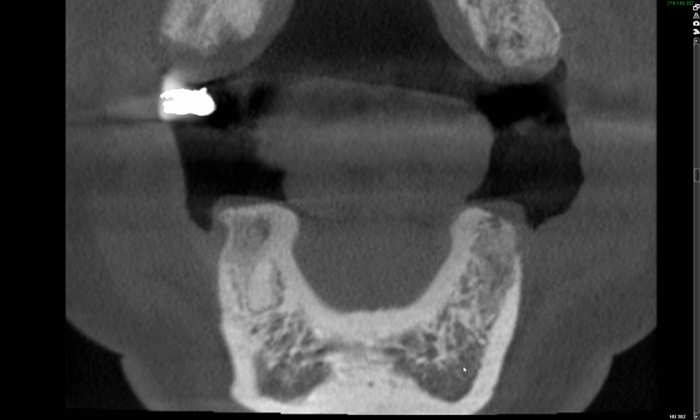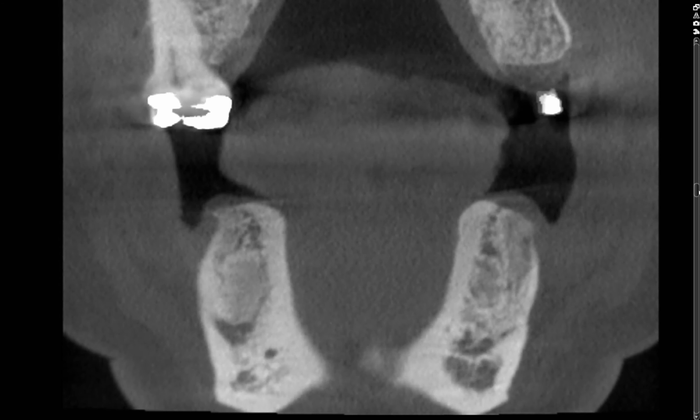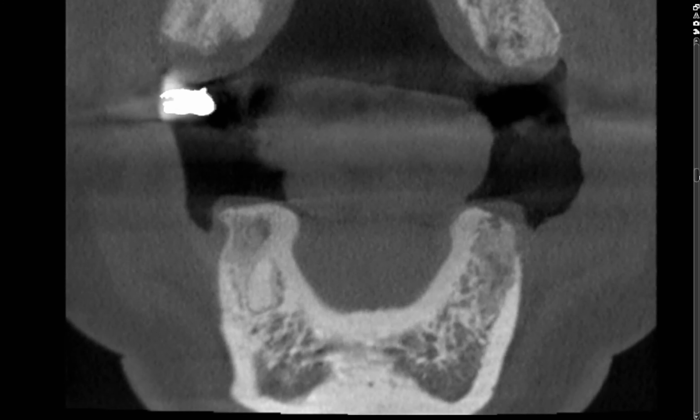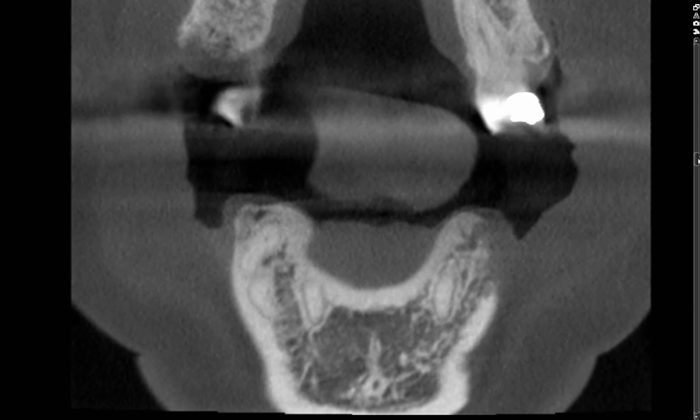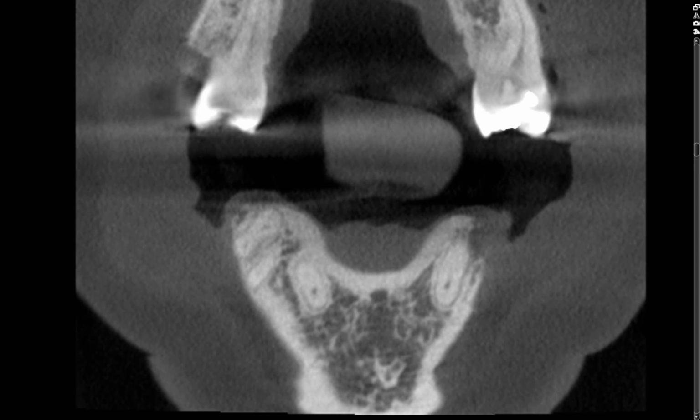But you can see why the canal is so difficult to trace, because unless it has that nice corticated outline, the radiolucency of the incisive nerve sort of blends in with the rest of the trabecular bone. That's why often it's so difficult to see that, but this is a highly unusual case where we can actually trace the entire course of the incisive nerve anastomosing with the lingual canal.